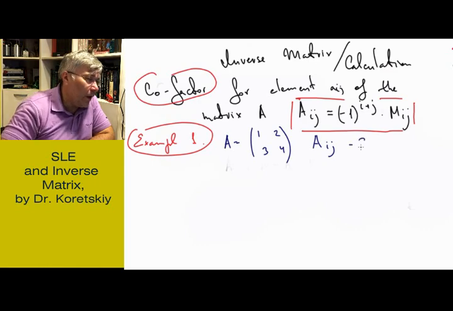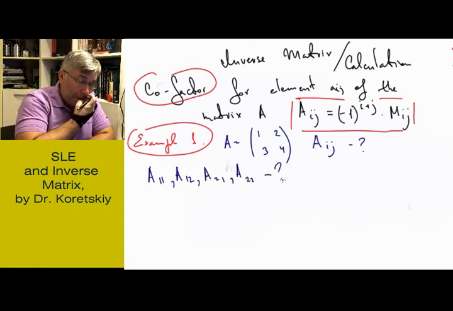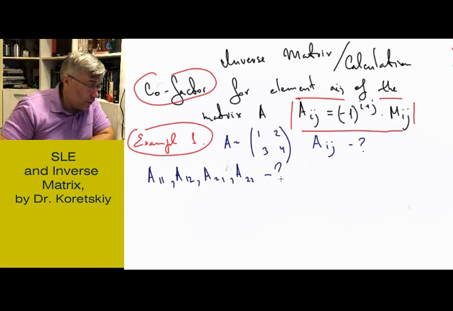So A11, we have A12, A21, and A22. We have just 4 cofactors here, and let's calculate them. Okay.